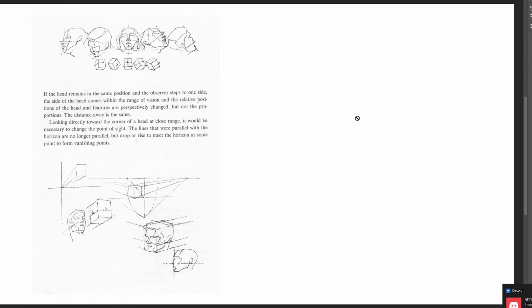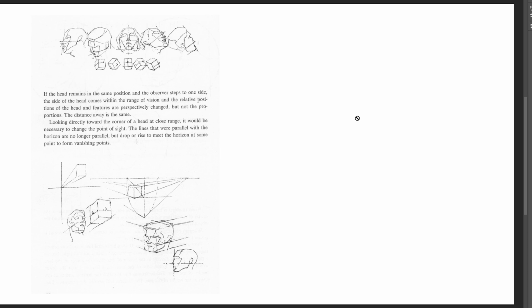Here he has several variations of the skull in different perspective, different tilts of perspective. Think of perspective as being a new process of drawing pictures, and he's introducing that process.